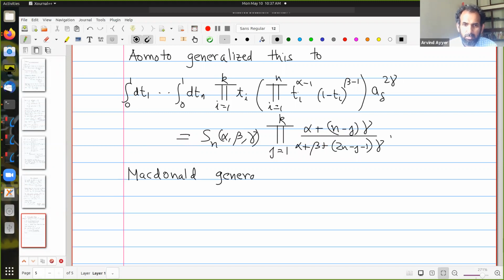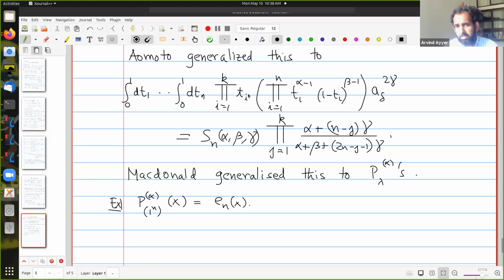So Macdonald generalized this to P lambda of alpha. The first thing to notice, which I'll leave as an exercise, is that if you take P of alpha of 1 to n of x, you get the elementary symmetric function. And this thing is just one term in an elementary symmetric function, and each term in the elementary symmetric function will give you the same answer.